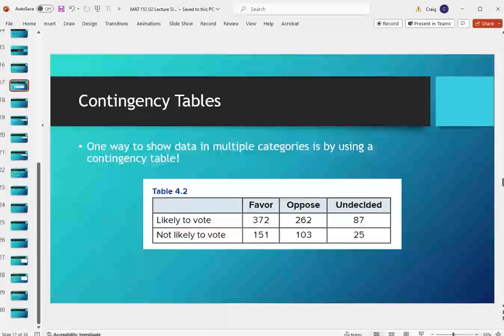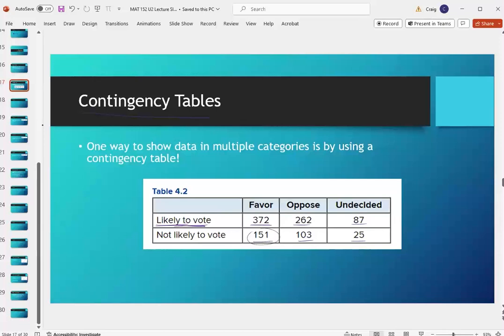It's just a way to show counts in multiple categories of data in different groups. So here we could figure out the people who are likely to vote and who favor something, those who are likely to vote and who oppose something, and those who are likely to vote and who are undecided, or not likely to vote. And so these are all counts.